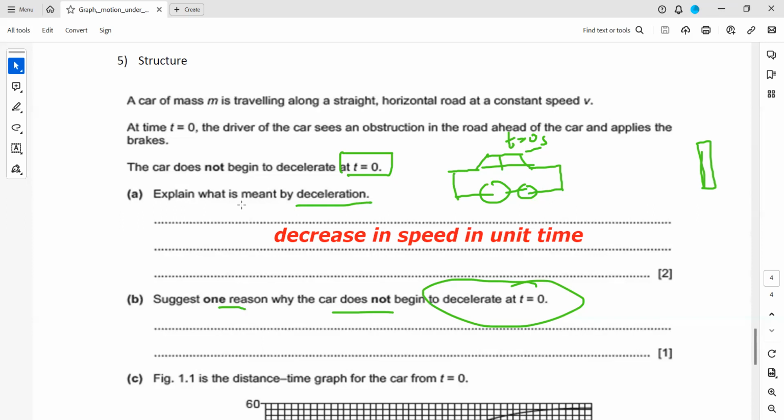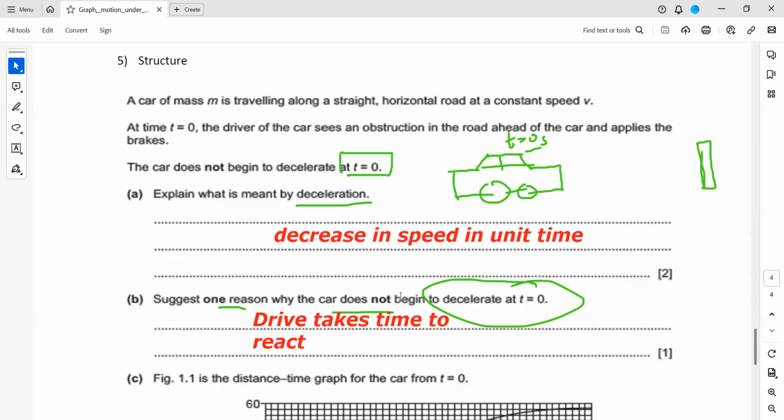So why does the car not begin to decelerate? Because the moment he sees that there's an obstruction or a blockage in the road, he will think that I should apply a brake. So the moment he thinks, he will take time to react. So the reaction time, or the driver will take time to react, and the moment he is taking time, he will cover some distance.